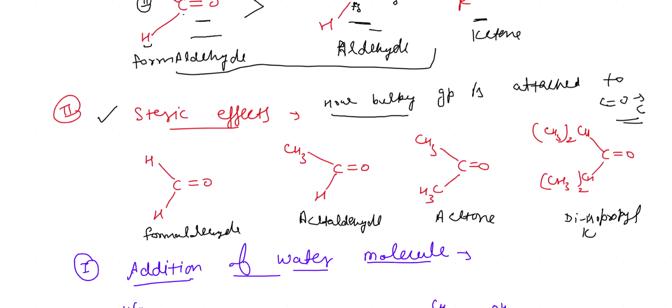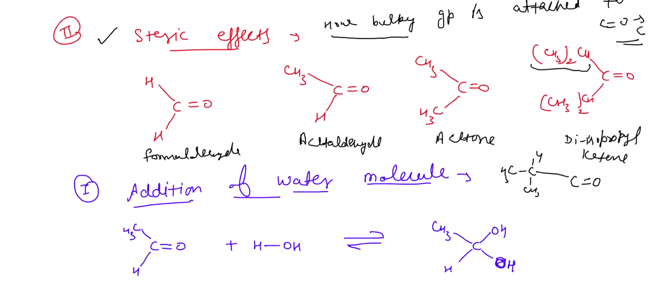This group you can represent as CH, CH3, CH3. Then further it is connected to the carbonyl group CO. Again, CH, CH3, CH3. So these two are the same molecules. I have just represented this in the open form.